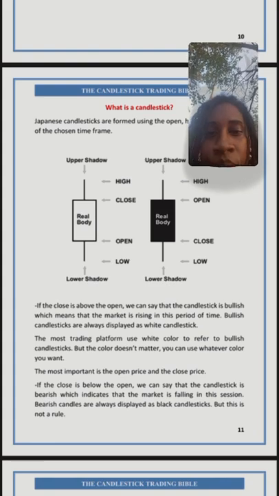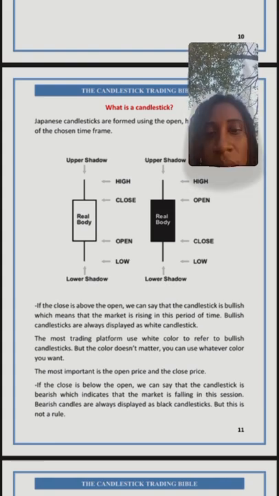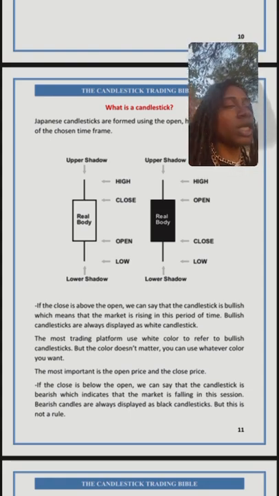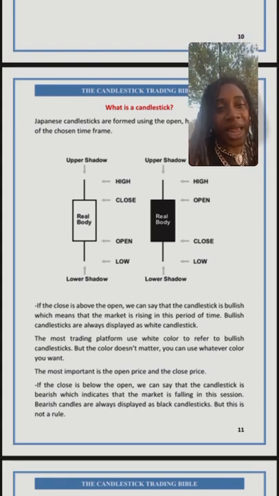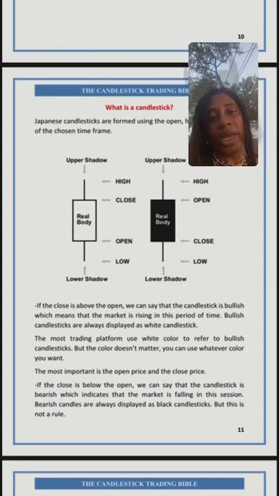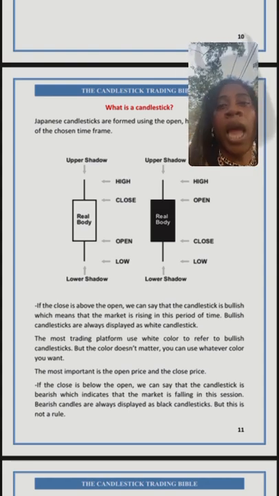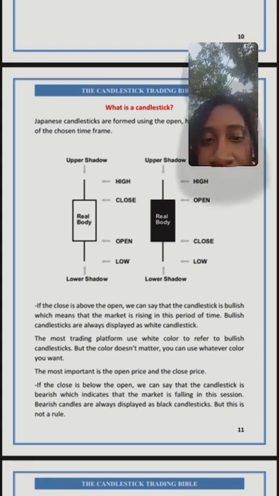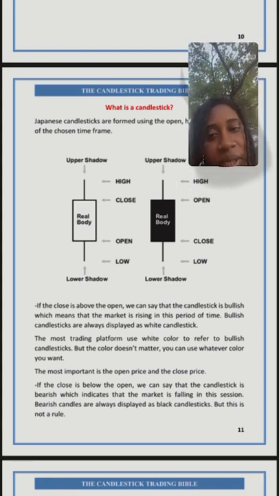And so bullish candlesticks are displayed as the white candle. So for these purposes, if the price is going up, it's going to be a white candle, and if the price is going down, it's going to be a black candle. Most trading platforms use a white color to refer to bullish, but the color really doesn't matter, right?